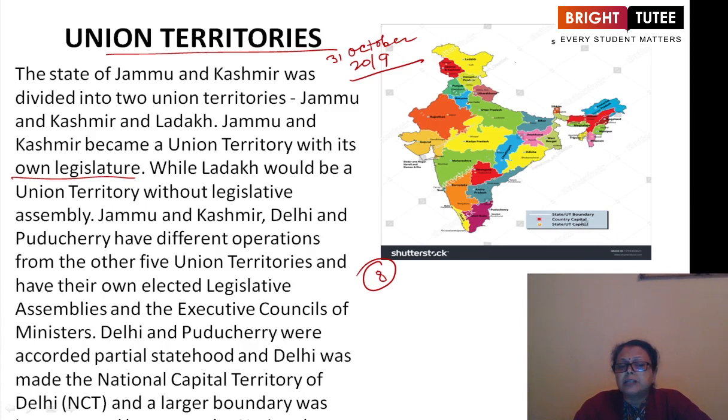They have partial statehood, and Delhi was also made the national capital territory with a larger boundary, known as the National Capital Region, NCR. So this is all about the chapter.